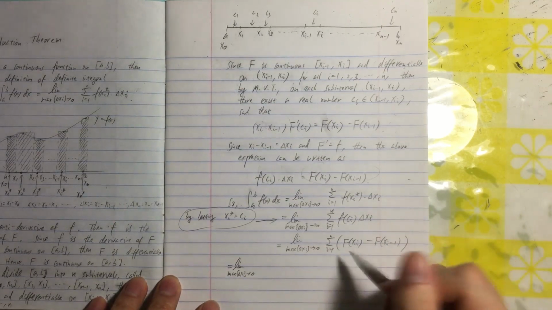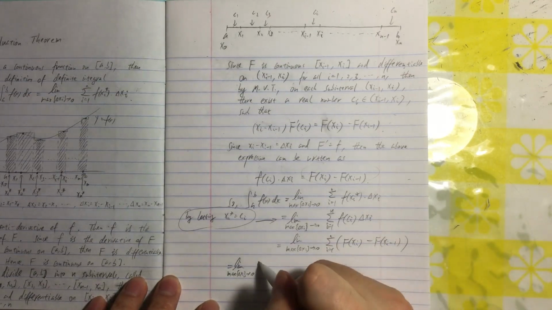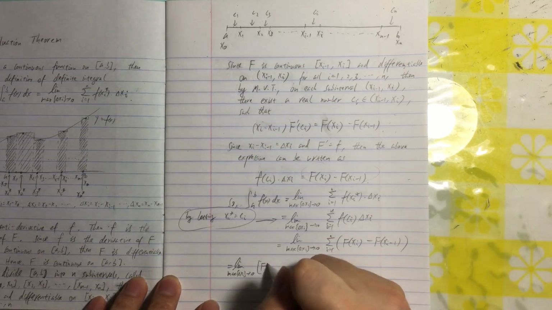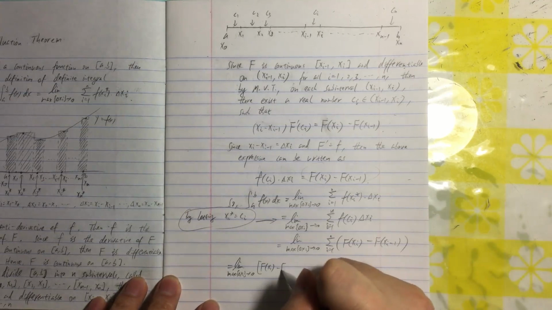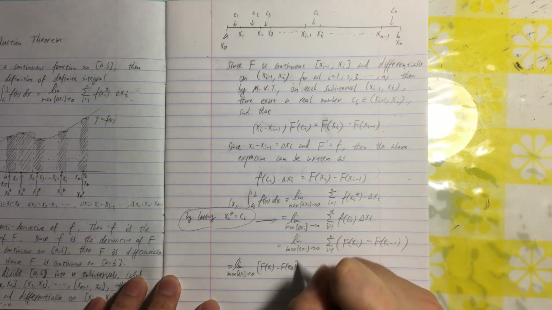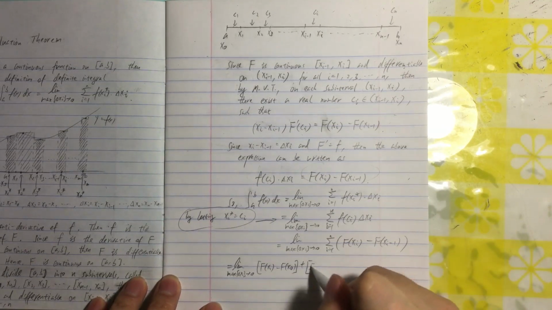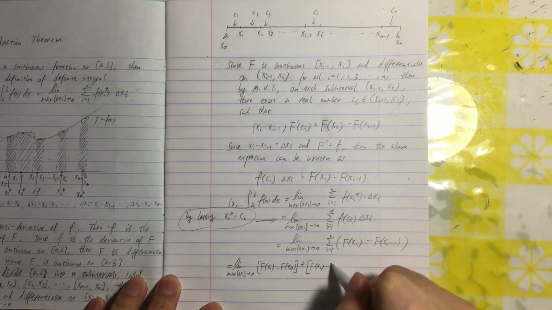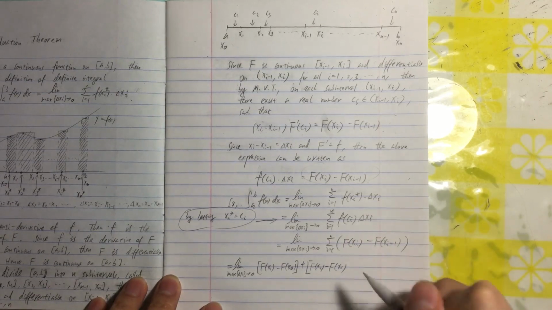If I expand the sigma notation, what do I get? If I plug in 1 for i, I get f of x1 minus f of x0, since 1 minus 1 is 0. If I plug in 2 for i, I get f of x2 minus f of x1.